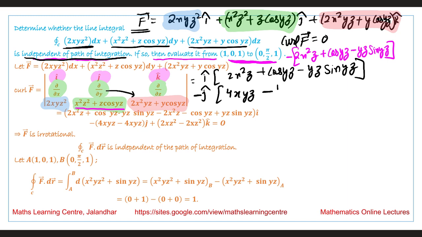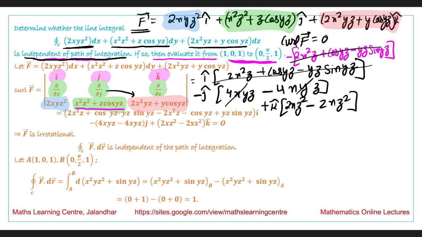And the last is plus k cap, and with k cap the derivative with respect to x is 2xz square, and then with minus sign, the derivative with respect to y is 2xz square. So all these terms over here get cancelled. This whole i cap term gets cancelled. This j cap and k cap get cancelled, and the answer we obtain is 0. So we have proved that this F vector is irrotational.